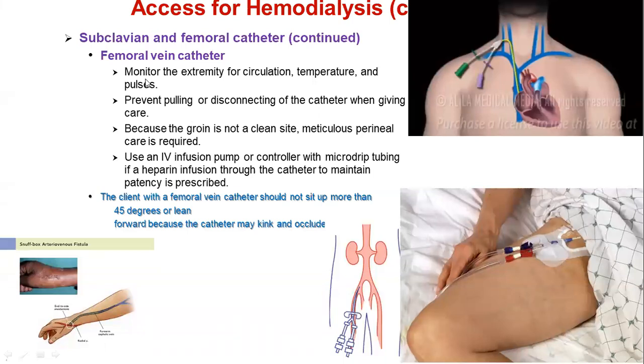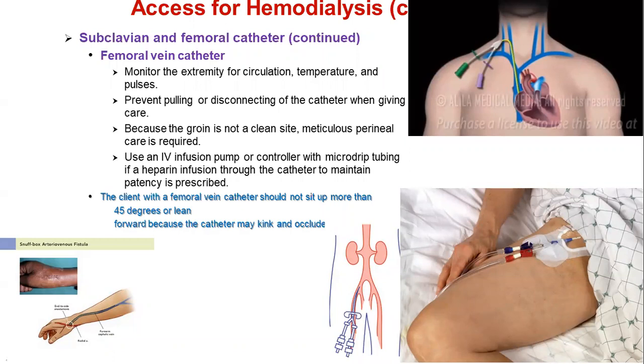Once the patient has the femoral catheter, what do you educate your patient? Monitor the extremity for circulation, temperature and pulses. Monitor vital signs and prevent disconnection of the catheter. The groin is not a clean site, so meticulous perineal care is very important.